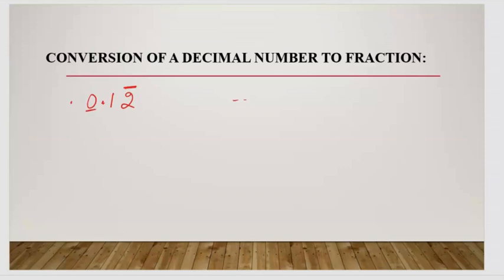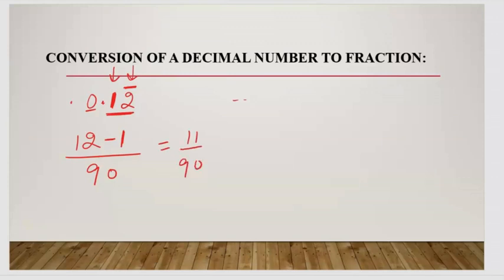Here we will write the whole number, that is 12, minus the number which does not have any bar, we will subtract from this, right? Divide by, in how many numbers do we have bar? Only one number, so 1 time 9. And how many numbers don't have any bar? So that number of times 0. So my answer is 11 by 90.